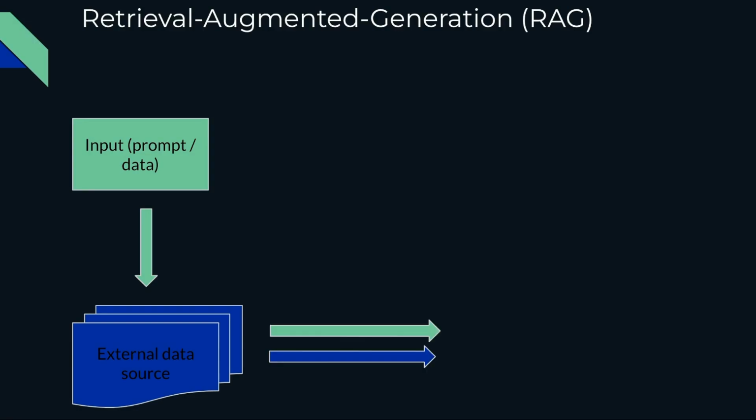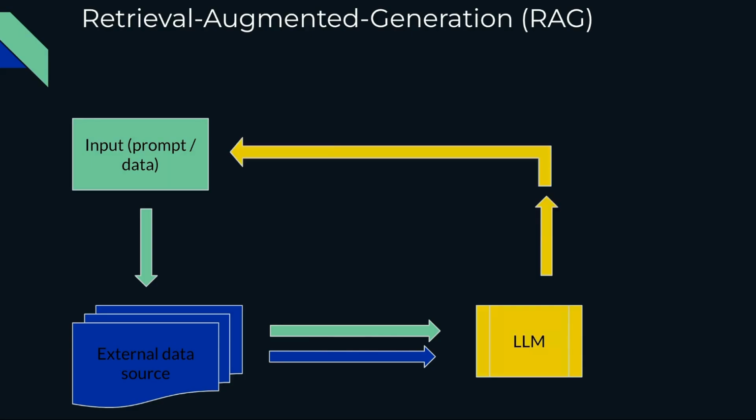Then both together, your input data or prompt along with the external validated source, go to the LLM model. So now it has more context and authorized information that then provides the particular output. And this is how retrieval augmented generation removes the limitation of hallucination.